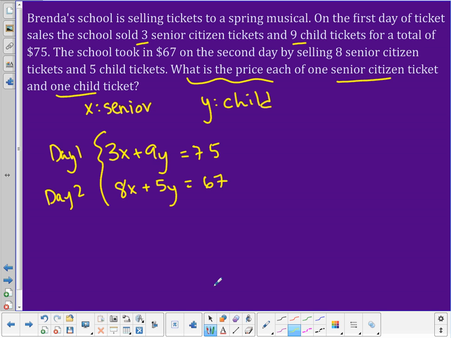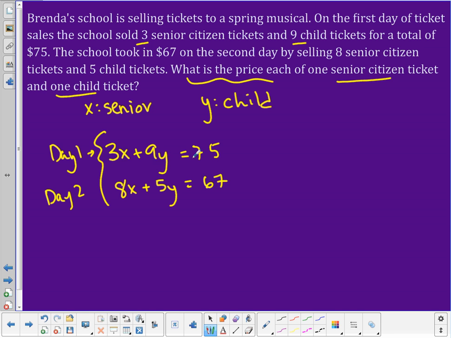Okay, now this is kind of an ugly system because I don't have any variable alone and I don't even have any variable that has a leading coefficient of 1. So I am going to choose the top equation and I'm going to solve for the x so that I have x alone. And the reason I picked that is because I recognize that 75 is divisible by 3, so I'll end up with hopefully some nice numbers there rather than some fractions and decimals to deal with.